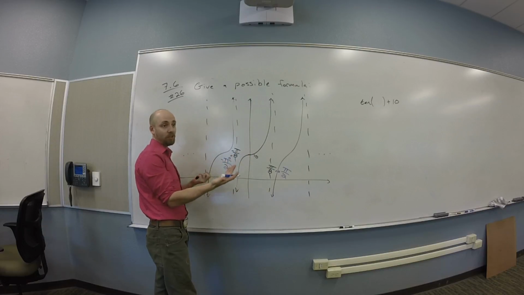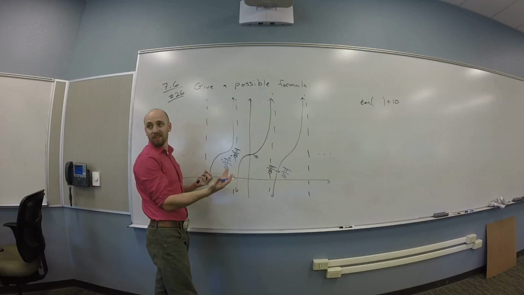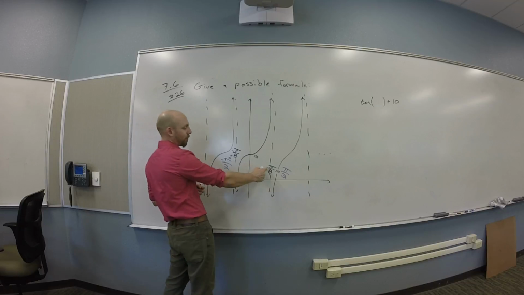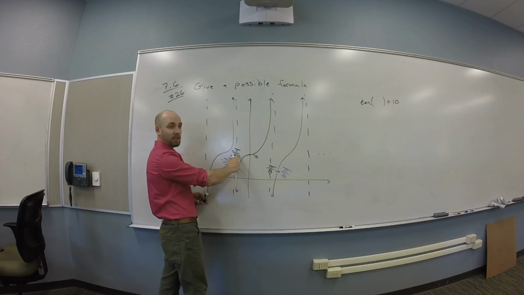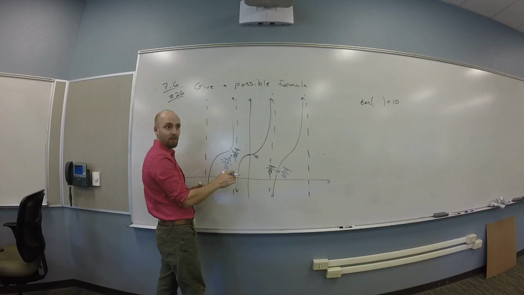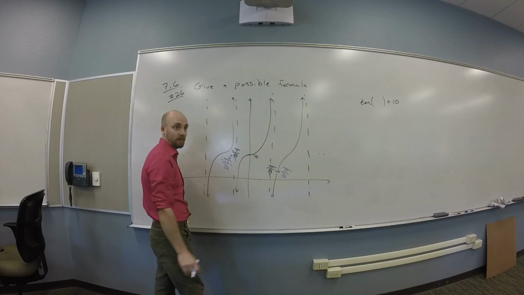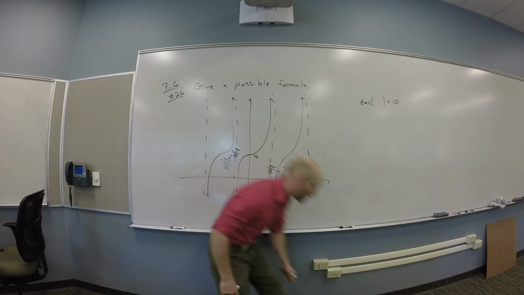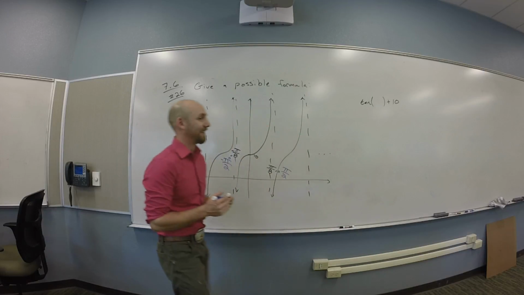At least it's symmetrical, right? Like if this one was at pi over 8 and this one was at minus pi over 16, I would have a much harder time with this. I'd have to deal with some kind of horizontal shifting business. So thankfully I don't have to do that.